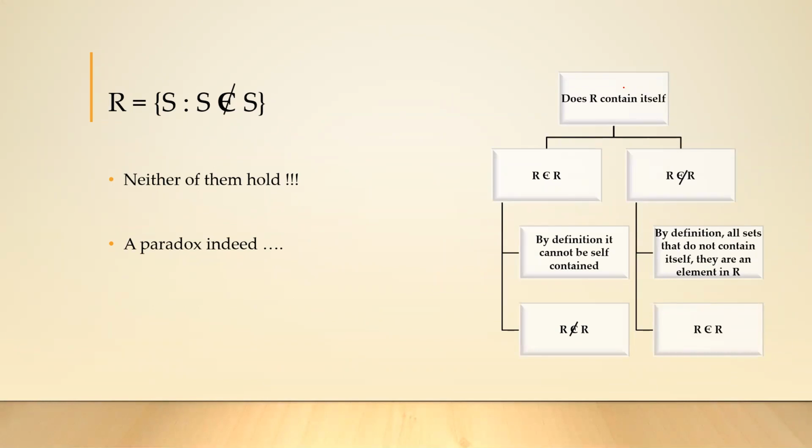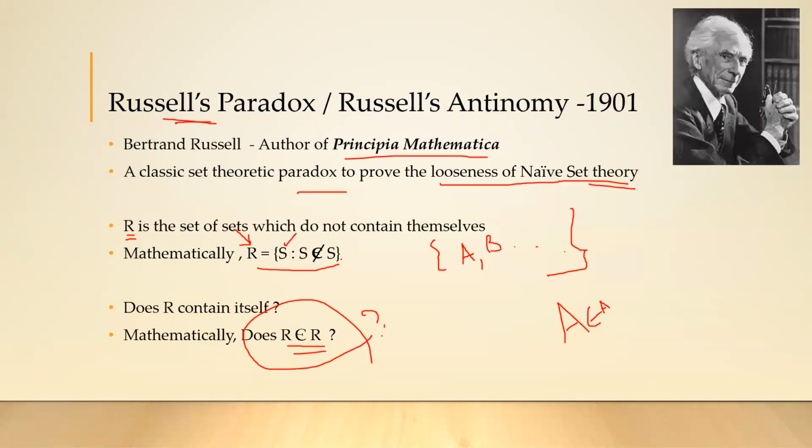Just like the barber's paradox, he came out with something quite weird, quite confusing. So he started off with this: does R contain itself? There are two possibilities. R can either contain itself, R belongs to R, or R does not belong to R. So let us think about the first possibility. R belongs to R. Now, look into the definition over here.